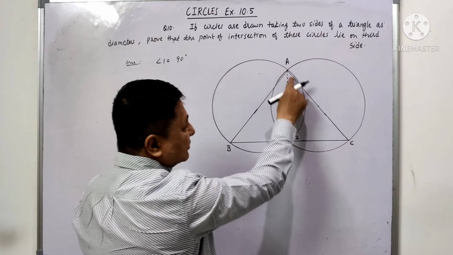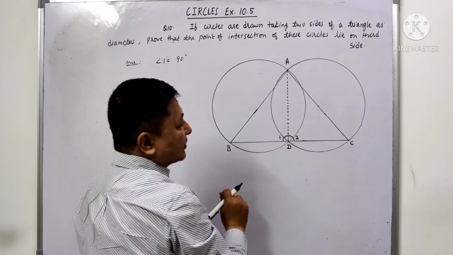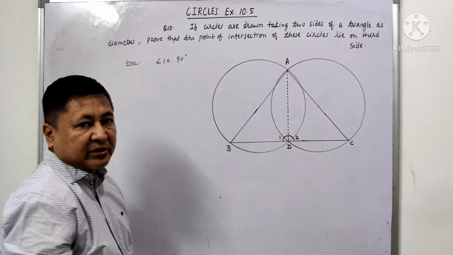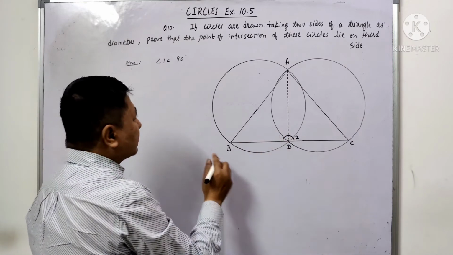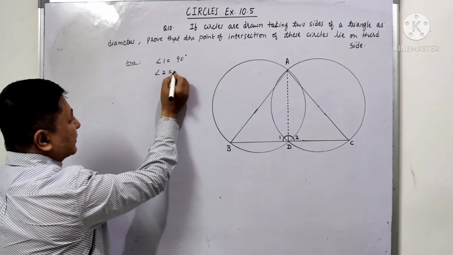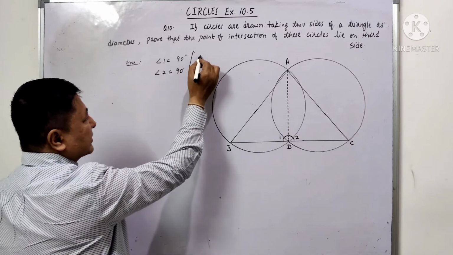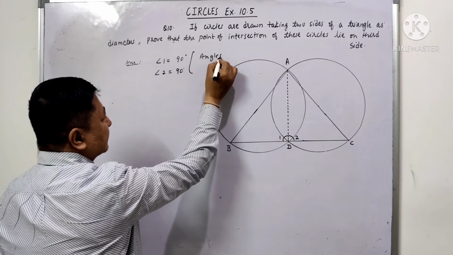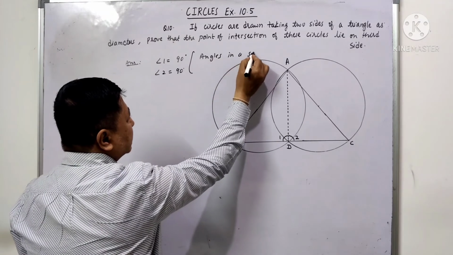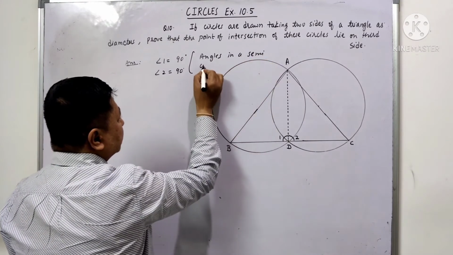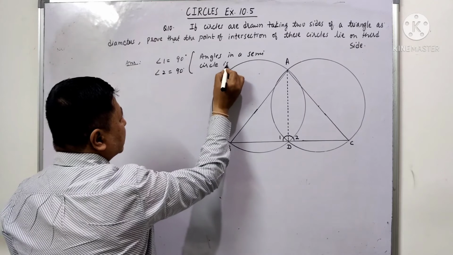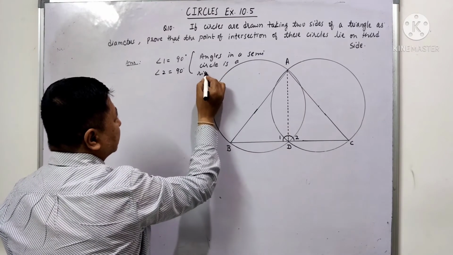Now similarly here also AC is a diameter, so it will also form a semicircle. So this angle 2 will also be equal to 90 degrees. For both, the reason is angles in a semicircle are right angles.